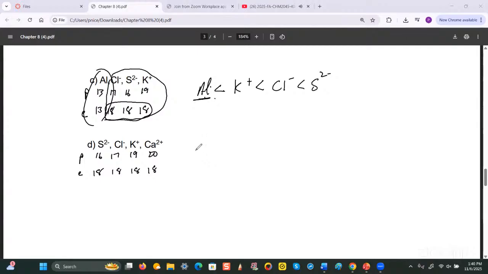Calcium. Okay, then potassium, and then chloride, and then sulfide. That's it.